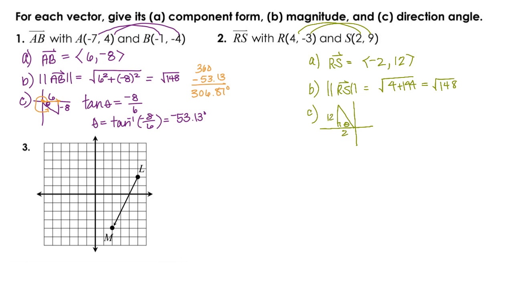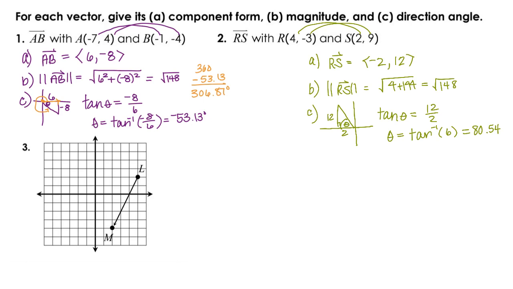And here's our side lengths, and so we're going to say tangent of theta equals 12/2, and so our theta is going to be inverse tangent of 6 if you want to go ahead and reduce that. And so let's see what that's going to give us. We get 80.54. And again, that's this angle inside here.